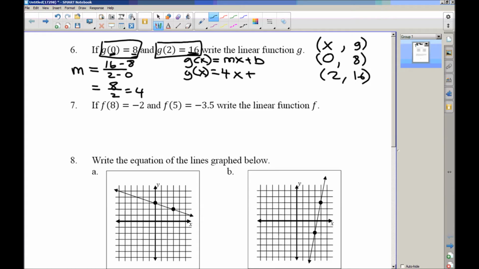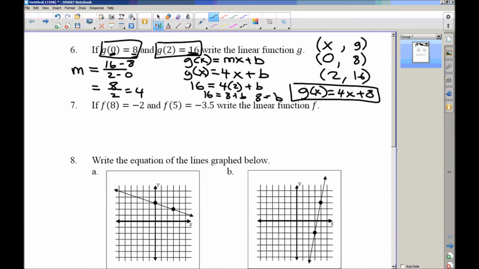Now we put a b here. And we could pick one of the ordered pairs. So let's pick (2, 16). So our output g is 16 when our input is 2. And then we solve this, so we get 16 equals 8 plus b. So b is 8. So our final answer is g of x equals 4x plus 8.